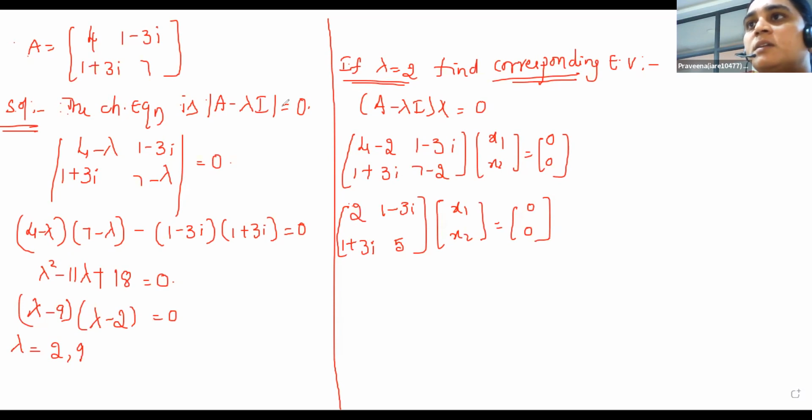Now tell me the answer. Tell me the row operation for this. R2 tends to R2.